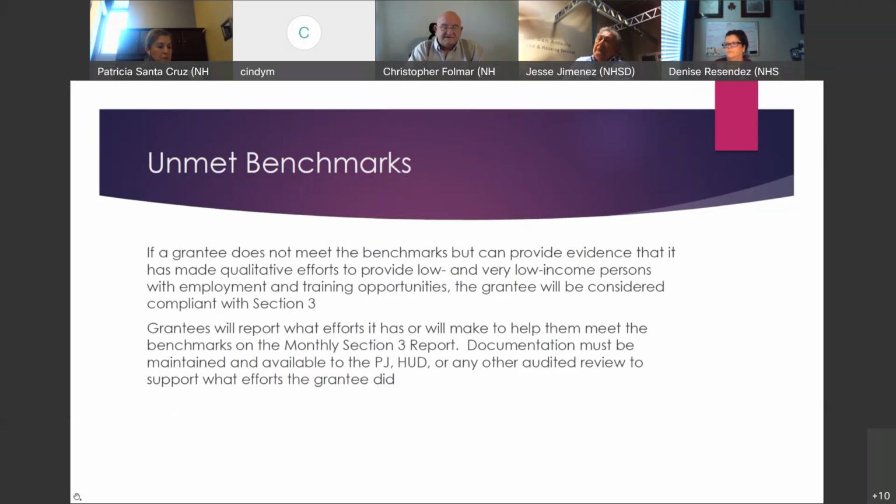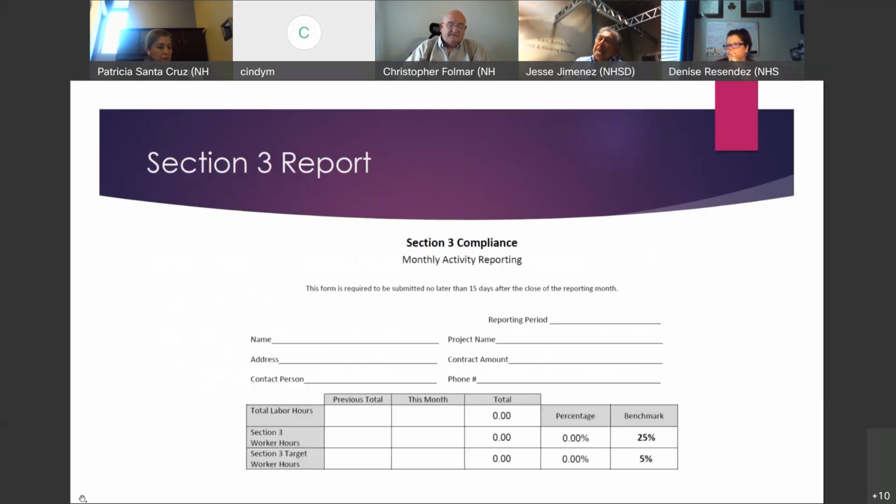Now we do ask, I'll tell you what, let's do this on the form. So let's go to the next slide. This is the top half of the Section 3 report that we're going to provide you to report every month to compliance. It's real basic: name, project name, reporting period, that type of information. And then you can see there's two columns that you'll need to complete.